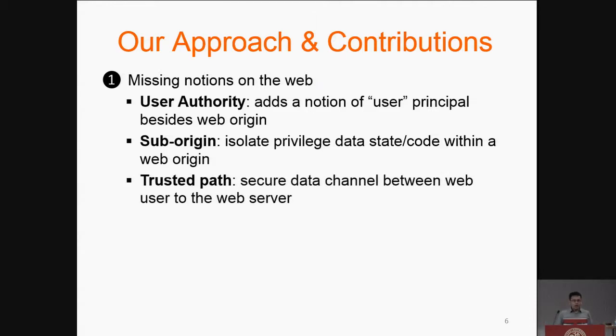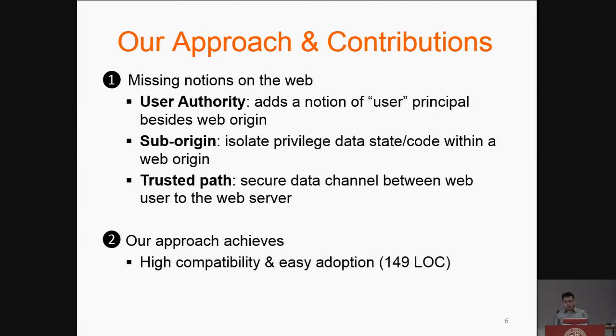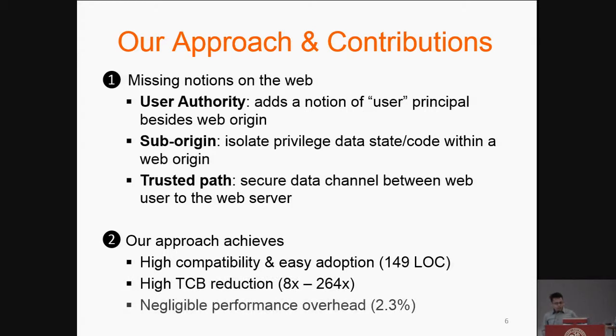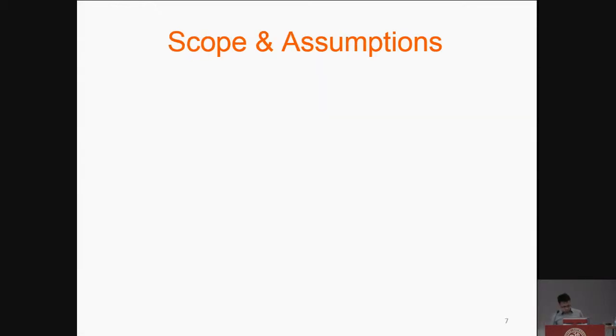And third, we introduce the notion of a trusted path, which is a secure data channel between the real web user and the trusted program at the web server. As we will soon see in our evaluation, our approach is actually easy to adopt, achieves high TCB reduction, and incurs only negligible performance overhead. And these are the scope of and assumptions on our paper.